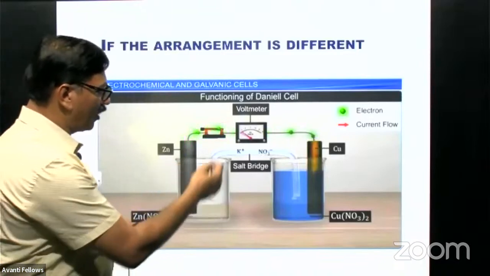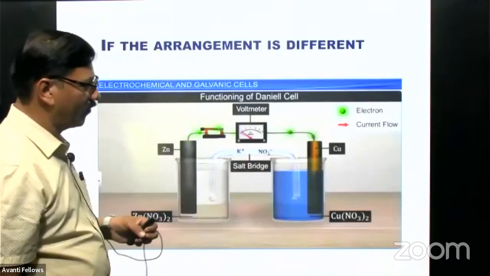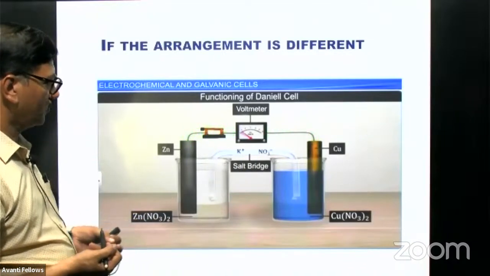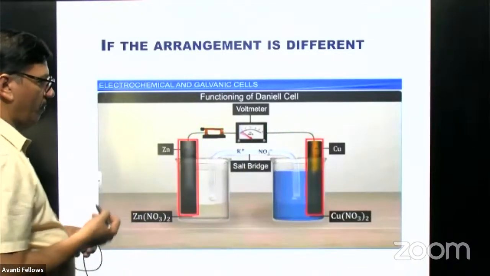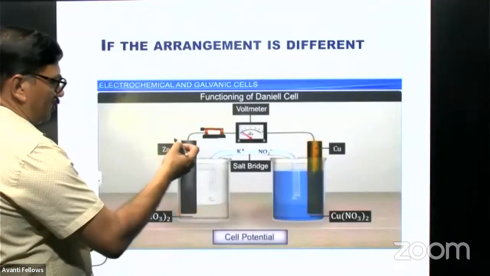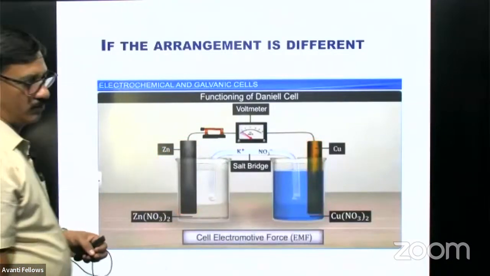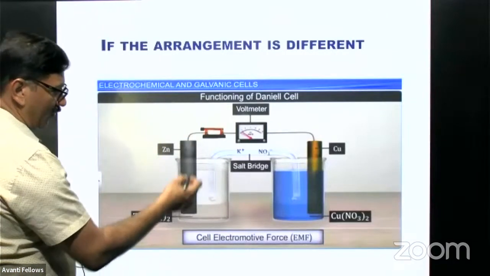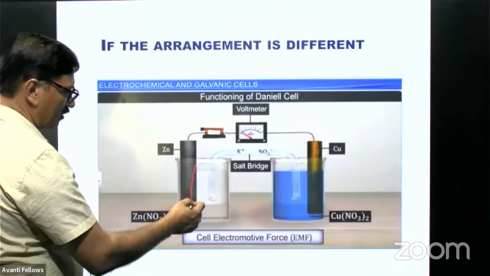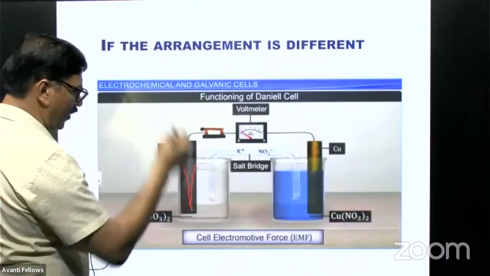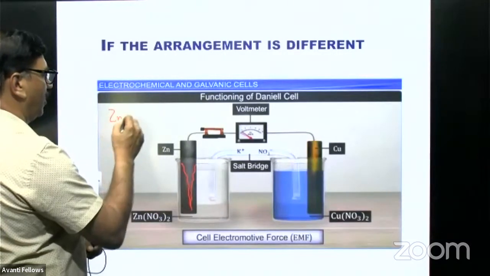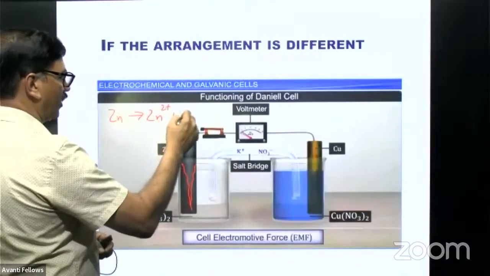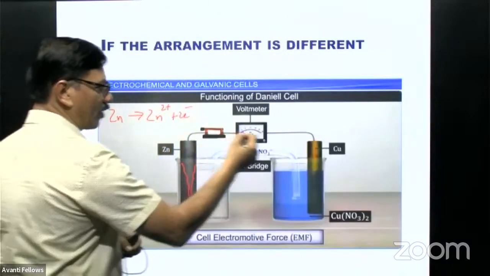So there is a need of salt bridge, and this cell has an electromotive force, or EMF for short. Here zinc undergoes corrosion the same way. Zinc forms Zn 2+ ion and sends its 2 electrons to the copper.